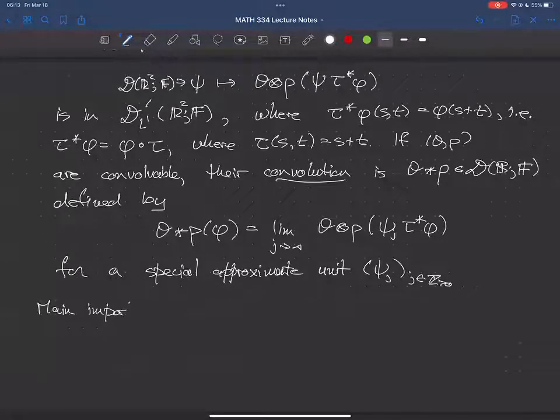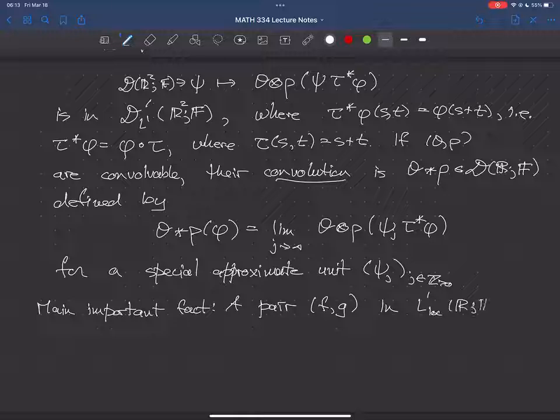For me, the most important thing of a satisfactory theory of convolution of distributions is the following fact: a pair f, g in L1 loc is convolvable if and only if their corresponding distributions are convolvable.